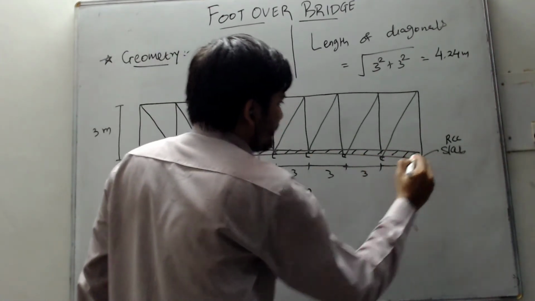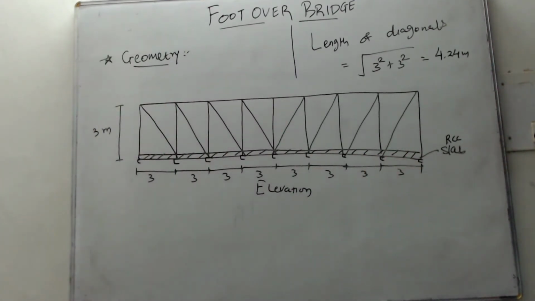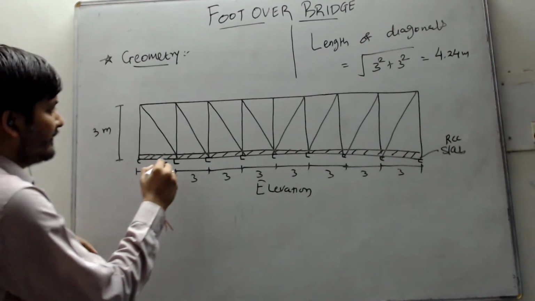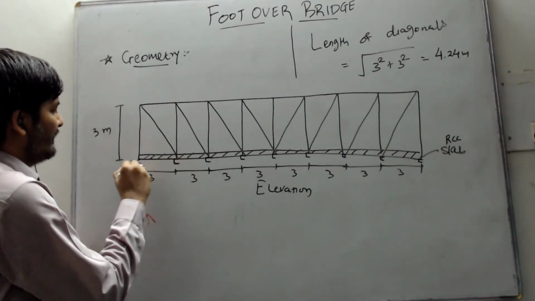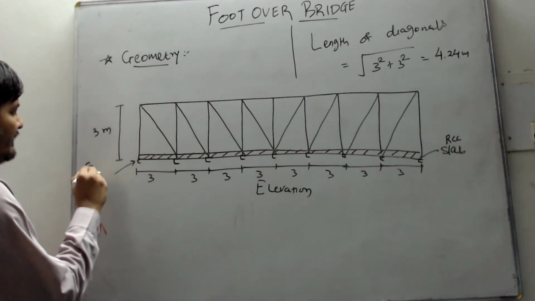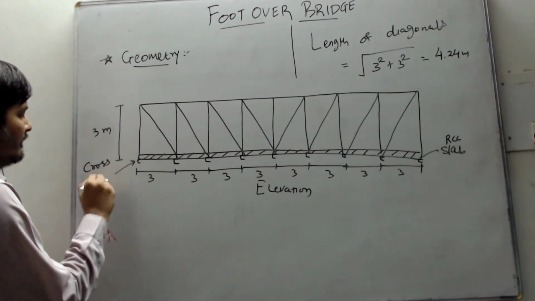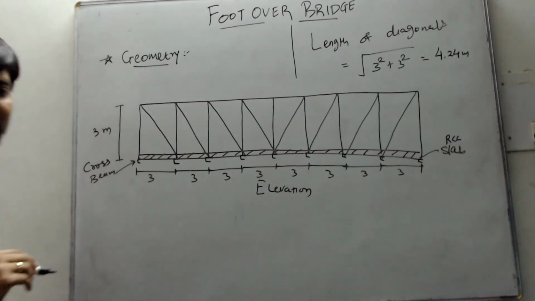This is the elevation, and this part C is called a cross beam.